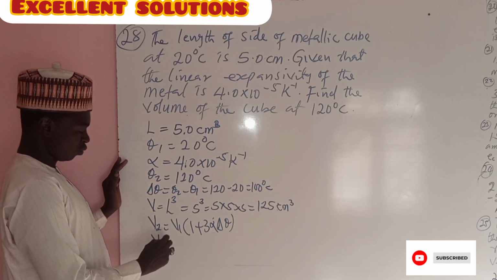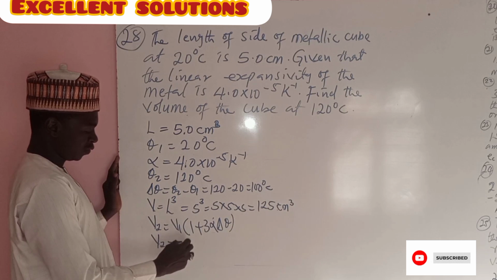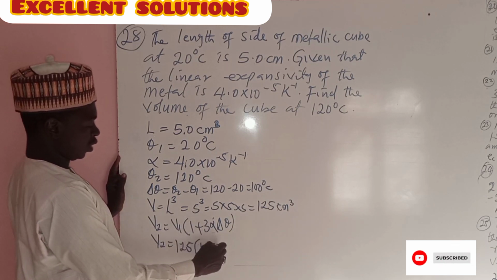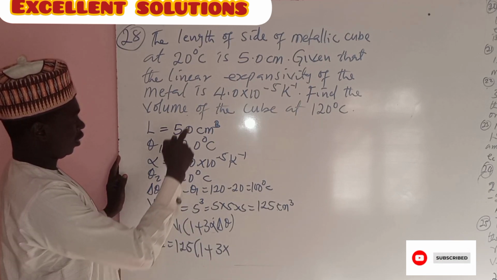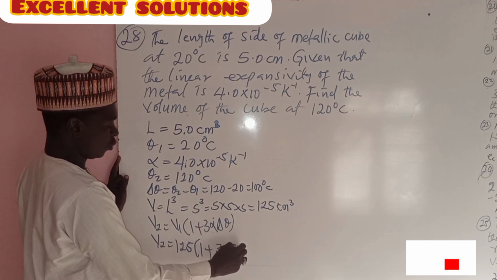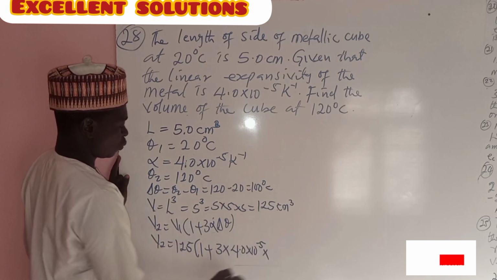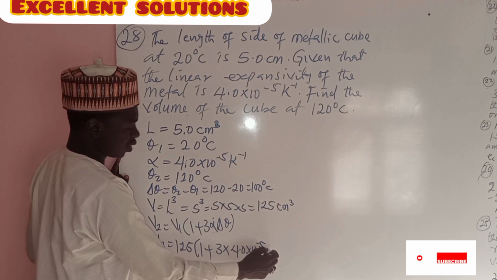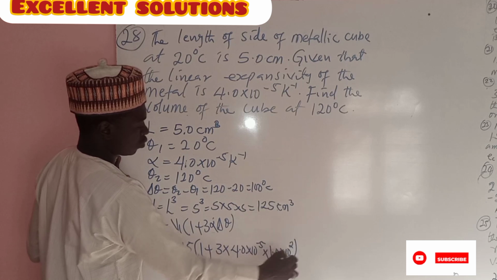We have V2 equals V1, which is 125, bracket open 1 plus 3 times our alpha, which is 4.0 exponential minus 5, multiplied by our delta theta, which is 100. So this 100 is the same as 1.0 exponential 2.